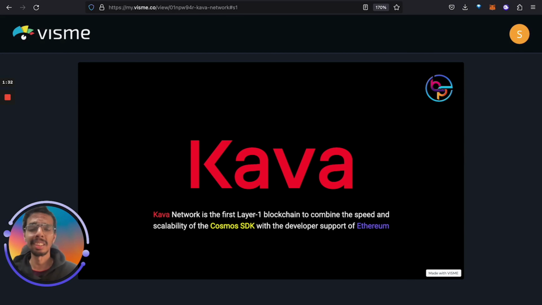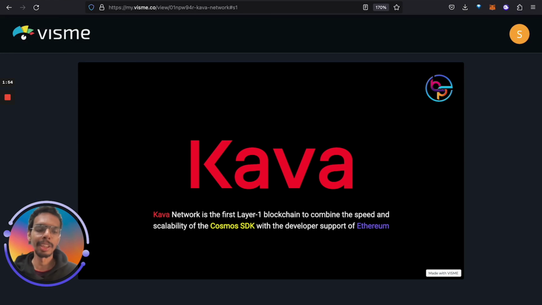So two crucial terms to keep in mind here are the Cosmos SDK and Ethereum. What Kava does is it combines the power of these two vibrant Web3 ecosystems into one. That is the gist about Kava.